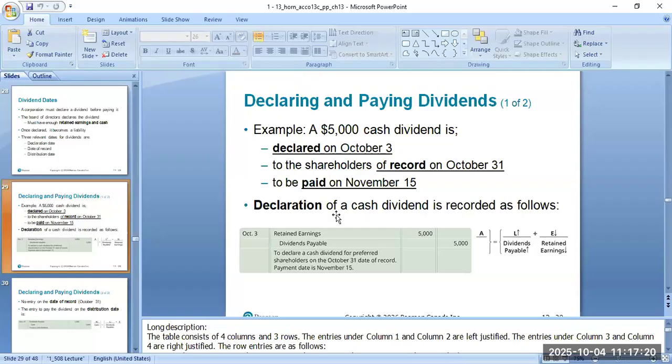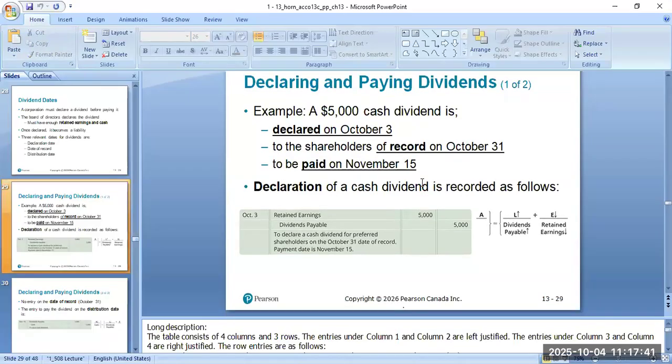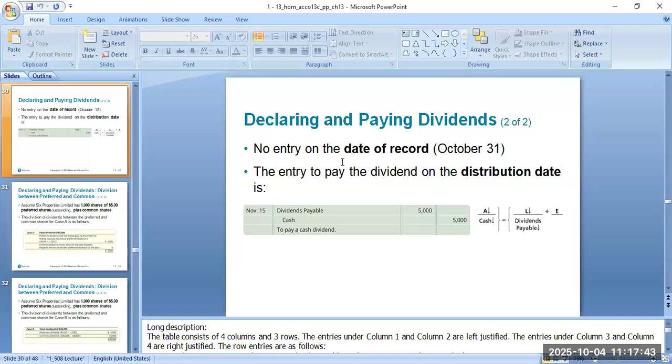On the declaration date, the company is going to debit retained earnings and credit dividend payable, basically increasing the liability. Then we have the date of record, October 31st. There's no journal entry on the date of record.